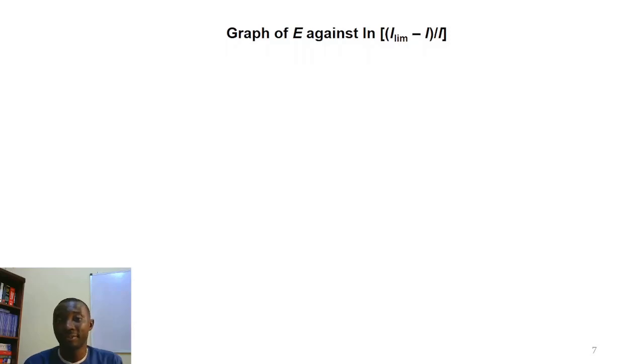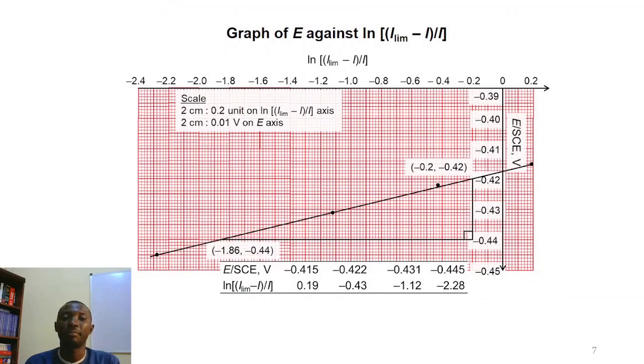We went through the steps for choosing the appropriate scale of plotting a graph, so I'm not going to go through that again. I'm just going to show you the graph which I have plotted based on the scale of 2 centimeters to 0.2 units on the ln((ILM minus I) over I) axis, and 2 centimeters to 0.01 volt on the E axis, that is the vertical axis, and this is the horizontal axis.